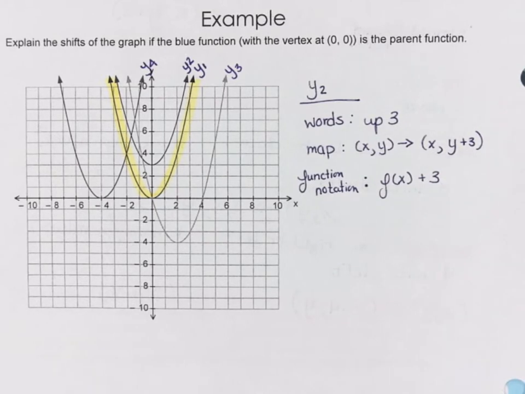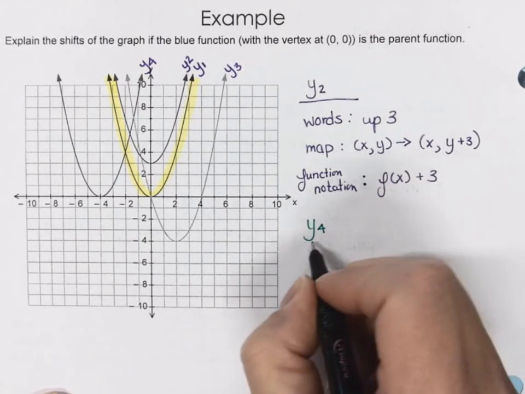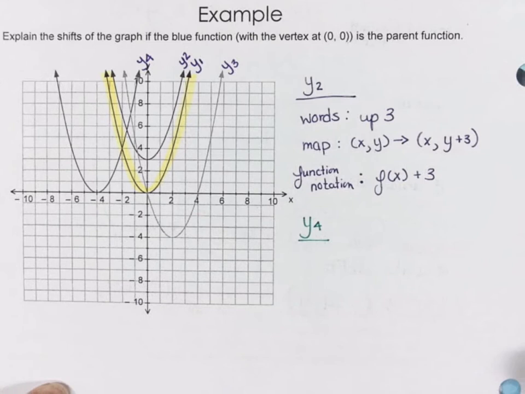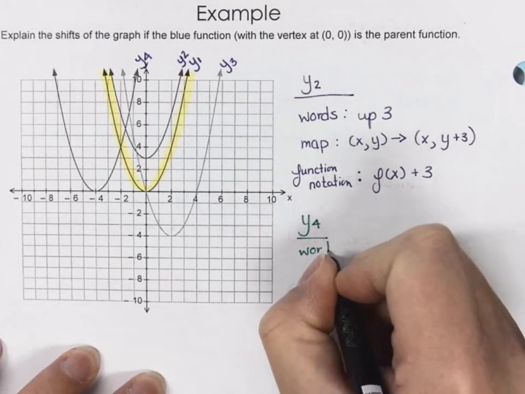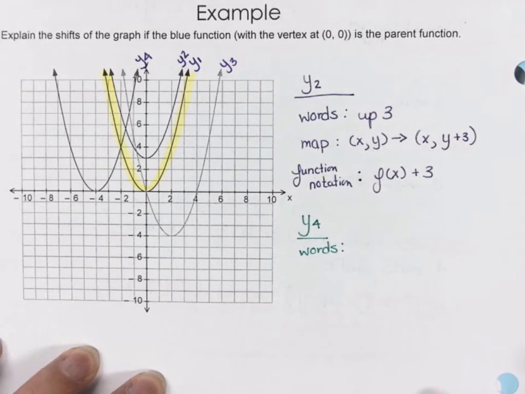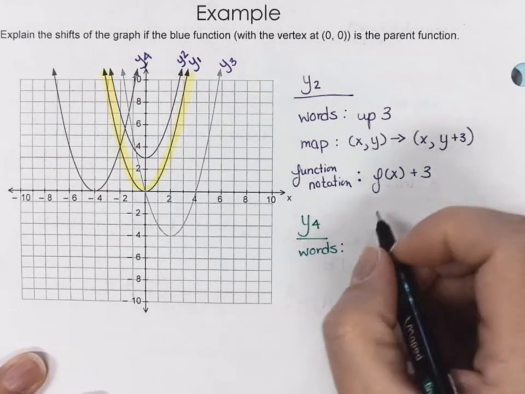All right, I'm going to do Y4 first. Does that mess with you if I do that? Probably. But I appreciate your flexibility. Okay, in words, what's happening with Y4? 4 to the left.